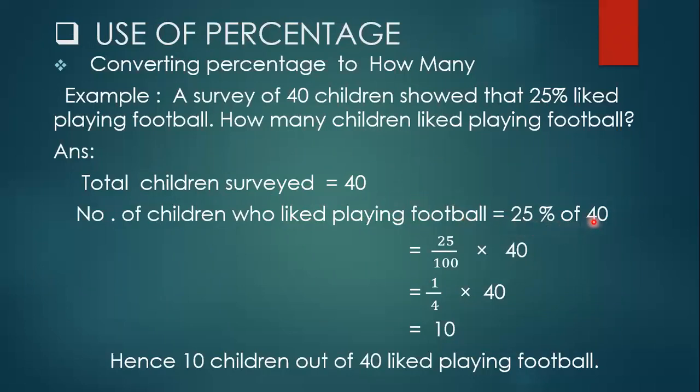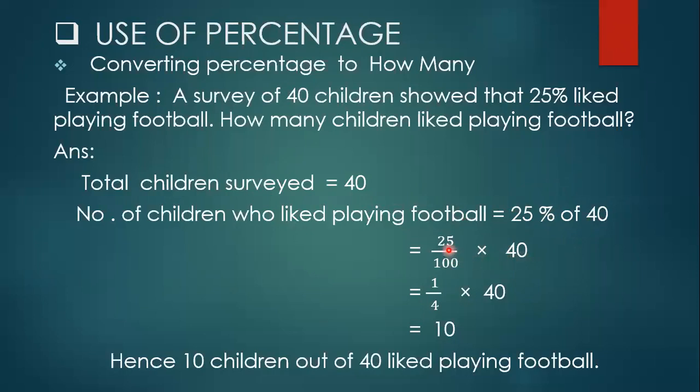25% of 40. First we will write 25% in fraction form. 25% is equal to 25 upon 100. For removing the percentage sign, we give the denominator 100. Understood? So 25% will be written as 25 upon 100 into the total number of students. Total students are 40.